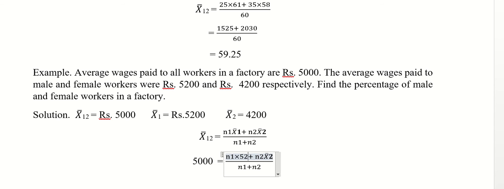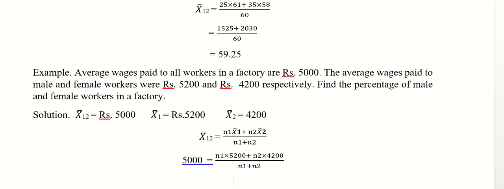Plus N2, we also don't know. So N2 into mean 2, which is 4200, right? And N1 plus N2 we also don't know. So this is all the information we have till now.